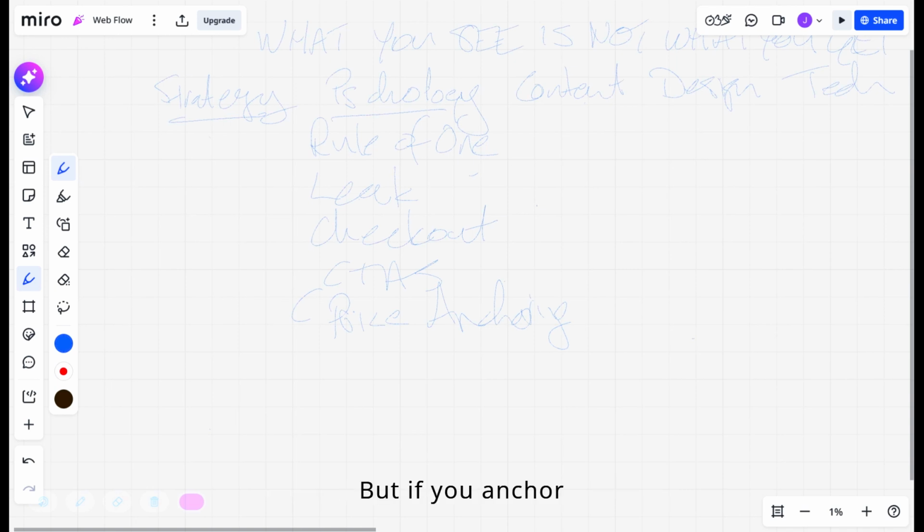But if you anchor that pricing with something in your text somewhere that says, normally this course would be sold at $2,997, but for the next 3 days only, as a special, I don't know, Black Friday offer, they're going to get it at a discounted price. Then they're like, wow, I'm getting almost 2/3 off. That's a pretty good deal. And so that's called price anchoring, where you're actually letting people know what the real value is of what you are offering.